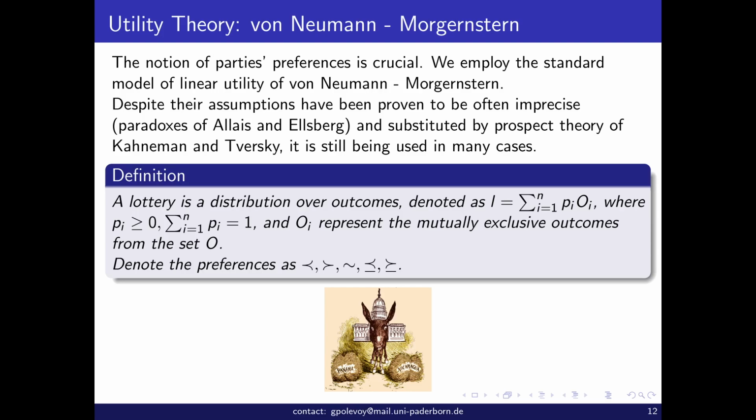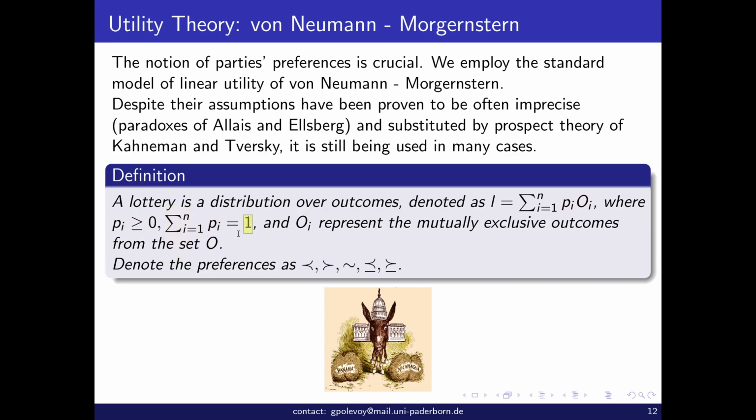A lottery is a distribution over some outcomes. So we can have this outcome and this outcome. And the lottery is a set of outcomes with the probability with which each outcome is played out. So a lottery L can be written simply as a linear combination of outcomes O_i, where p_i is the probability of outcome O_i. The probabilities are all non-negative, and their sum is 1.